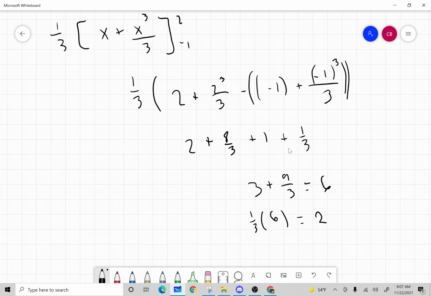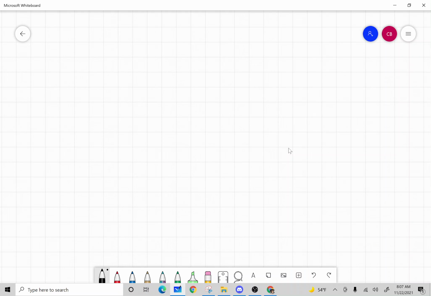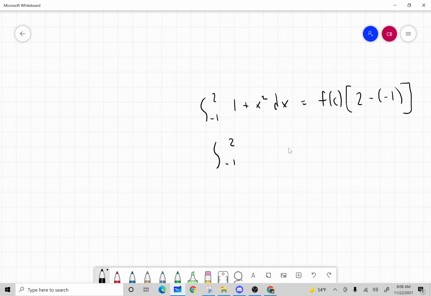So what it should say after this is that the integral from negative 1 to 2 of 1 plus x squared dx is equal to f of c times b minus a, which is 2 minus negative 1.